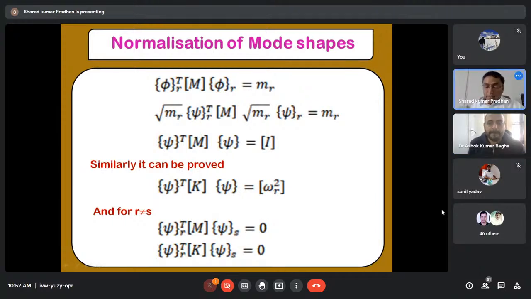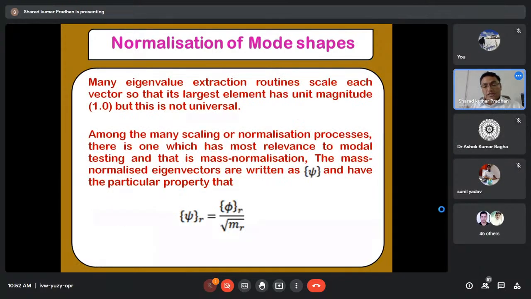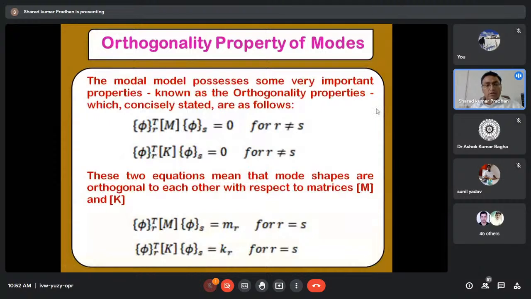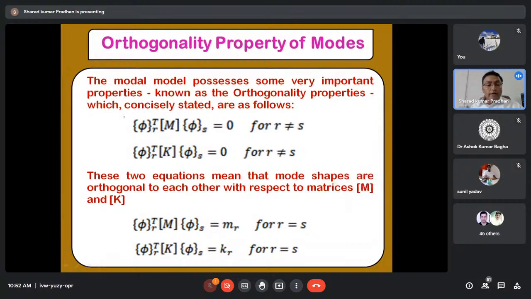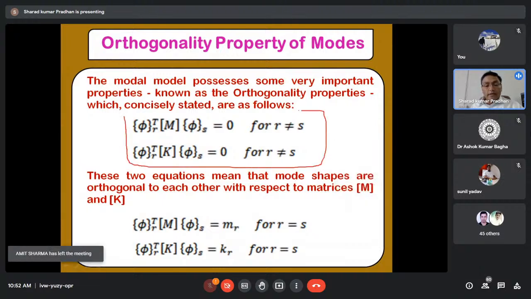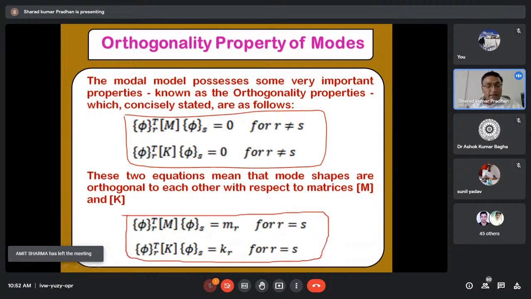Okay. So in the last few slides, what I have shown you is the orthogonality property and normalization of mode shape. Orthogonality property, I will summarize within 1 minute so that you will be able to recall the previous one. If you look at this property, phi is representing normal modes without normalization.